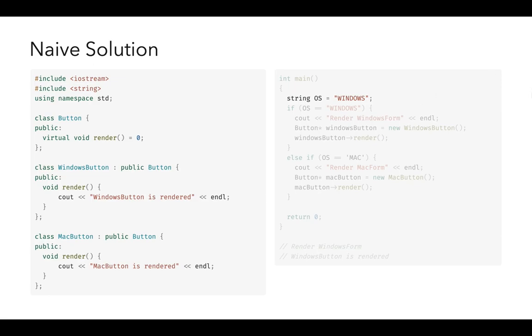And in this main method, we assume that the operating system here is Windows, and if the OS equals Windows, we will render the Windows form by creating the Windows button and then calling the render method.